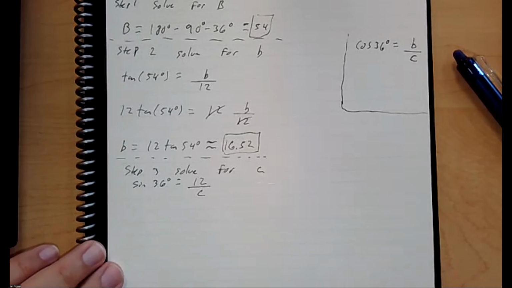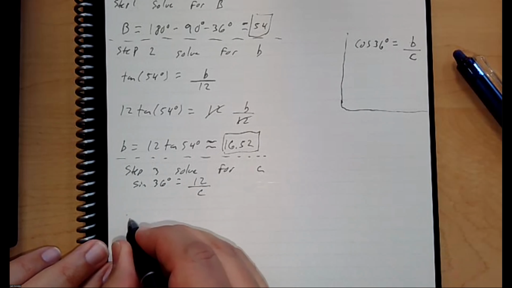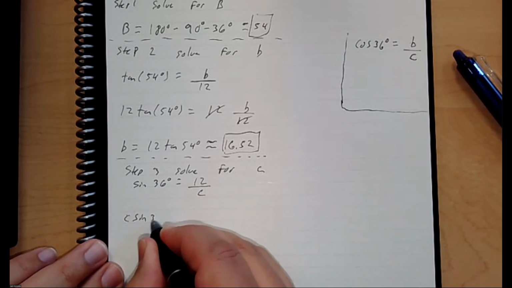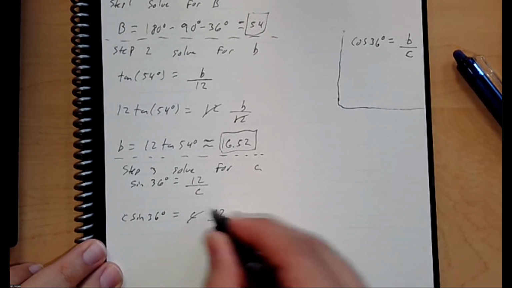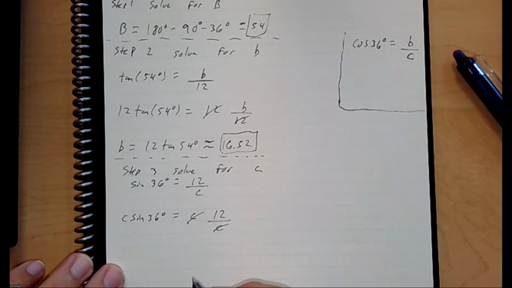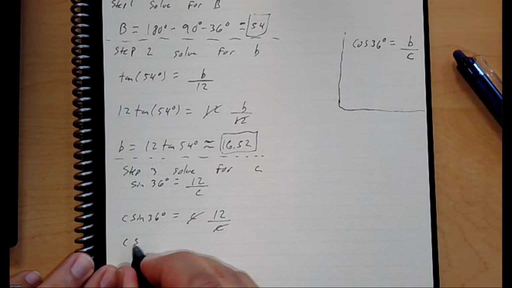Multiply c on the left and right side. Divide by sine 36.